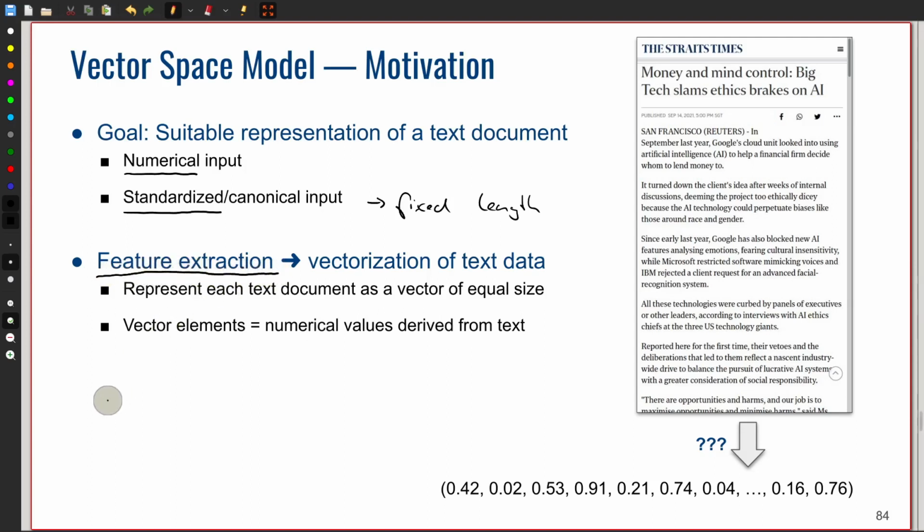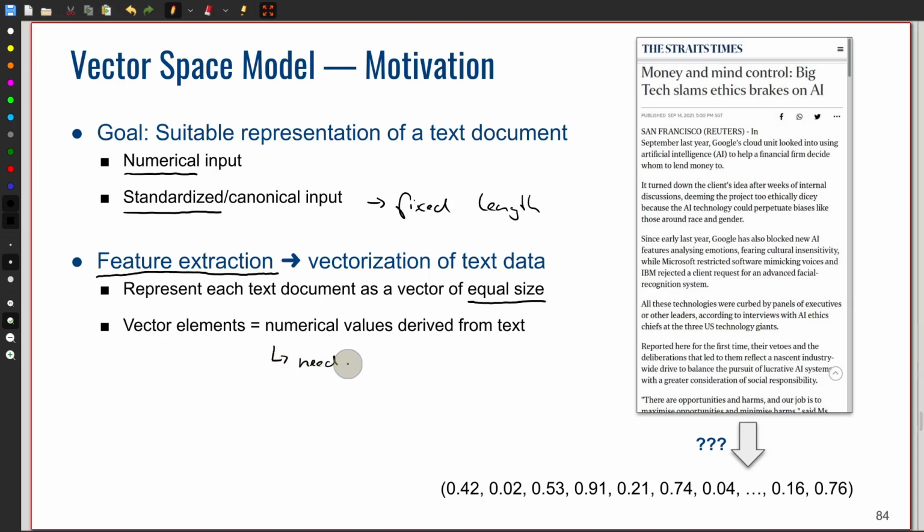Which essentially means that we have a text document and we convert it generally into a vector. And a vector is basically a construct of equal size with numerical values. And these numerical values, these vector elements, obviously have some kind of relationship to the text to preserve as much meaning as possible.